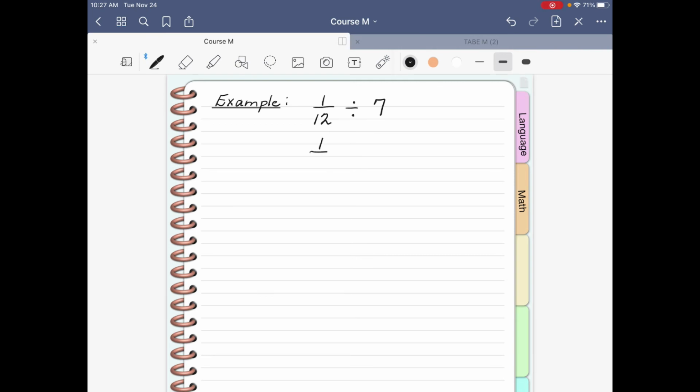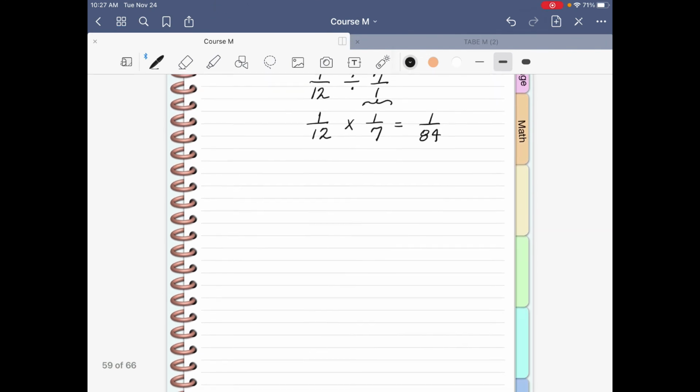Put a 1 under whole numbers. Flip the fraction that follows. Multiply. Simplify. It's already lowest terms.